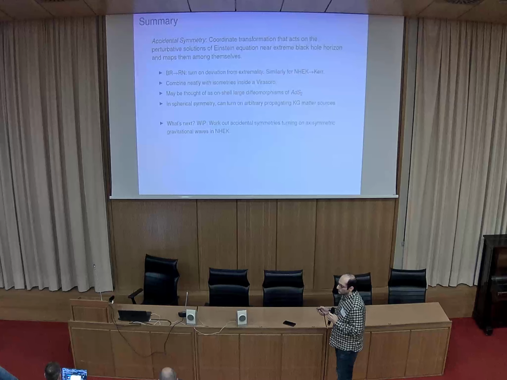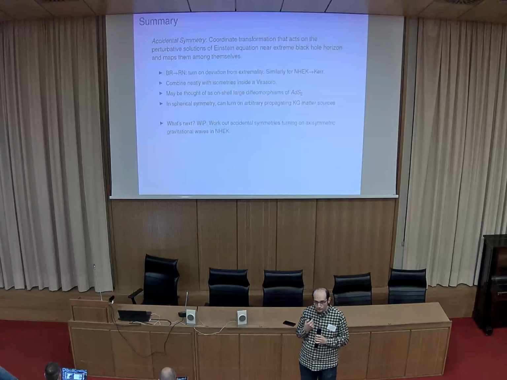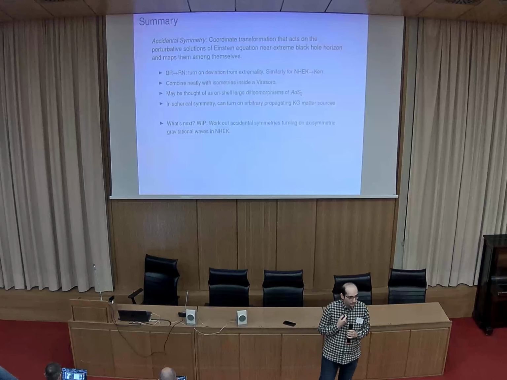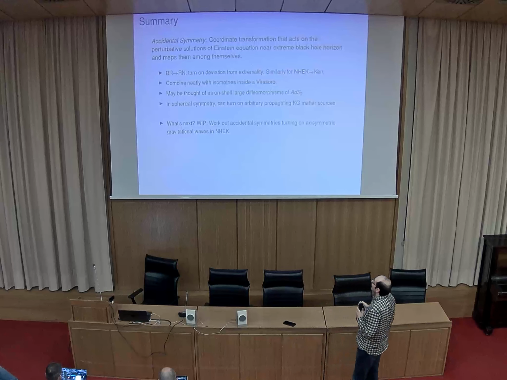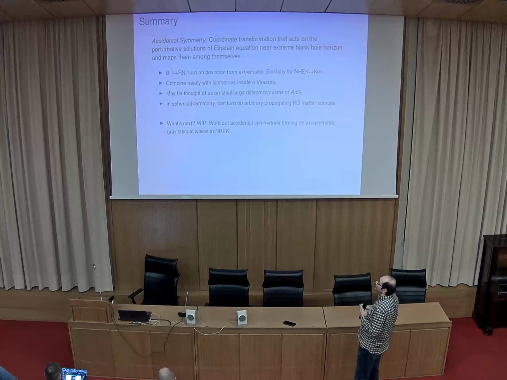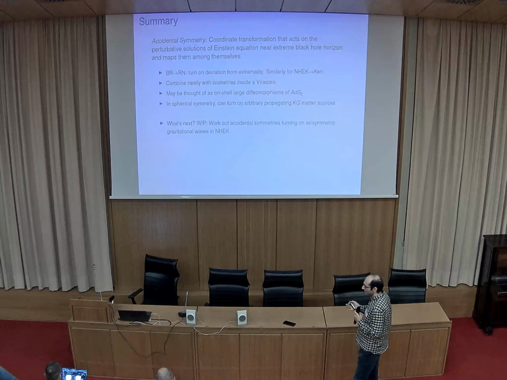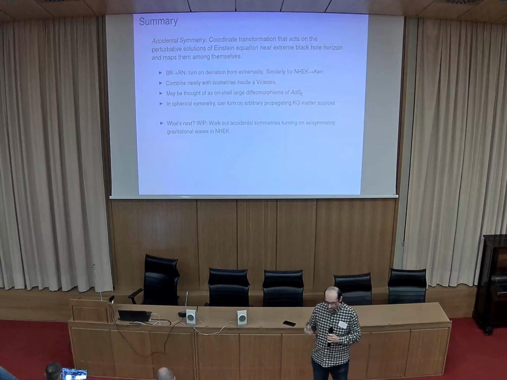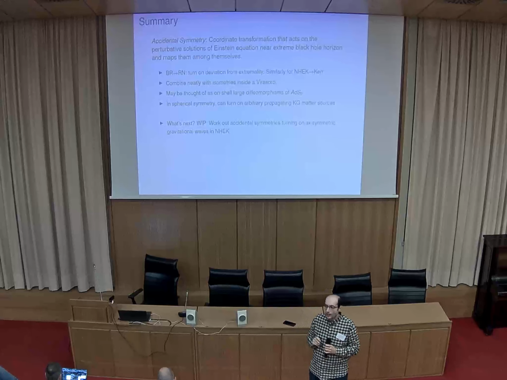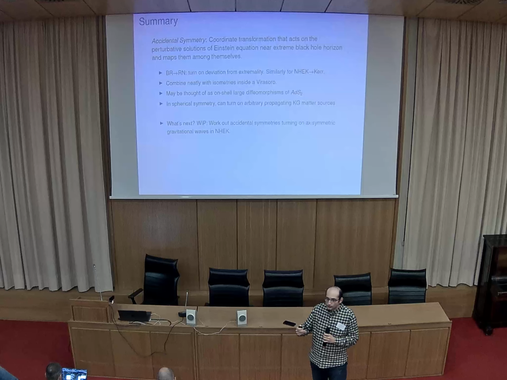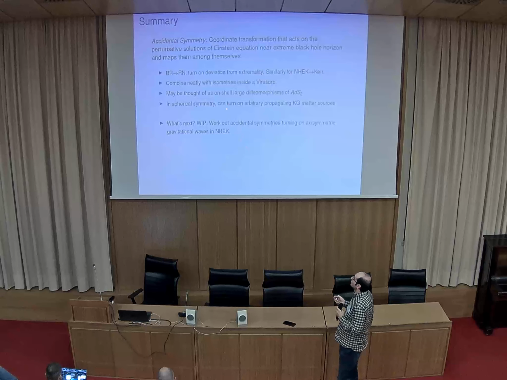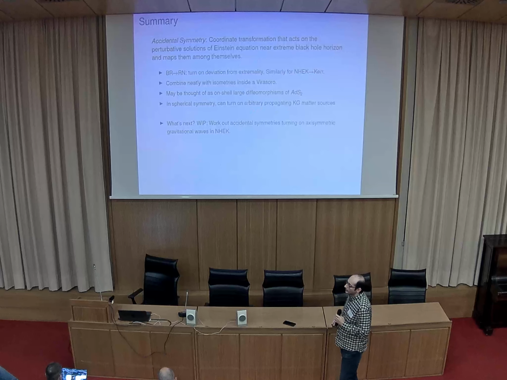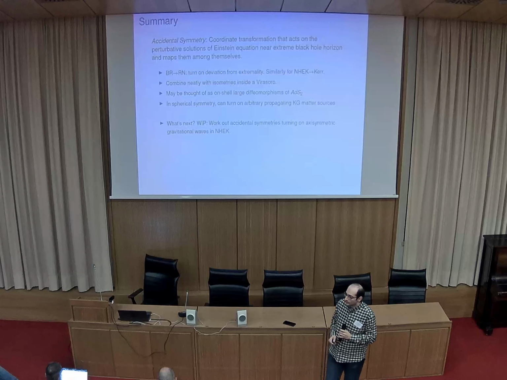In both cases, that psi minus 2 combines neatly with the background isometries, the SL2s, into a Virasoro algebra. And in both cases, it can be thought of as an off-shell version of a large diffeomorphism, of an asymptotic symmetry of those asymptotically AdS2 solutions. Now, what's more than that is that we saw, even within spherical symmetries, that I can use accidental symmetries beyond this type of addition of charges, but I can use accidental symmetries to turn on dynamics as well, turn on propagating waves. The way we did it for Reissner-Nordstrom is we added scalar waves in spherical symmetry, and we turned them on with certain vector fields.